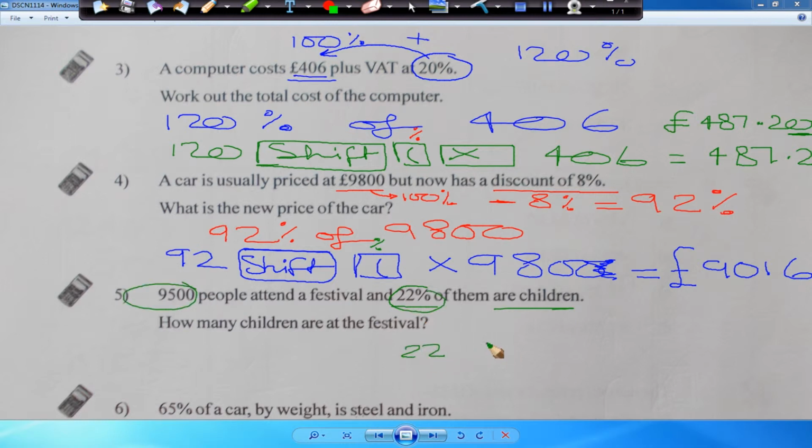So if we do 22 shift brackets times 9,500, that gives us an answer of 2,090 children. Excellent.